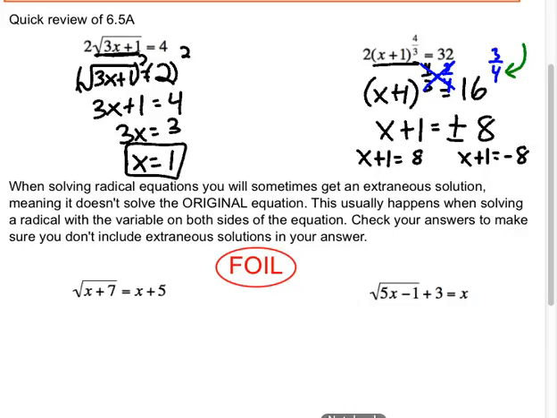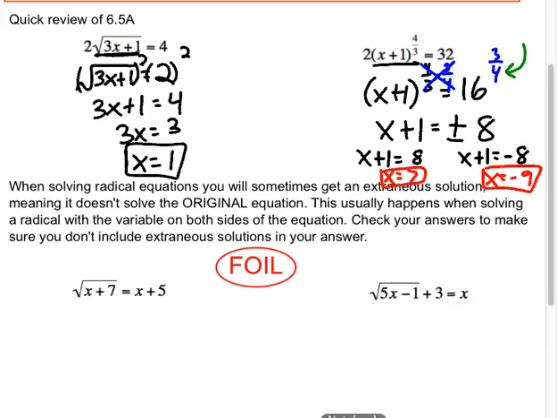And so I'm getting two solutions: a solution of 7, and a solution of -9. And again, you can always go back and plug that in to check to make sure you got a legitimate solution. And in this case, both of those solutions do work.